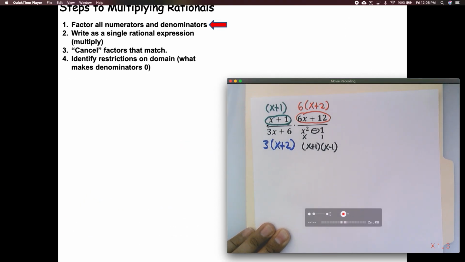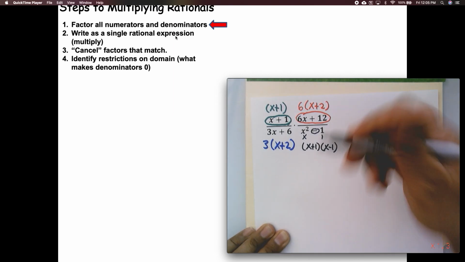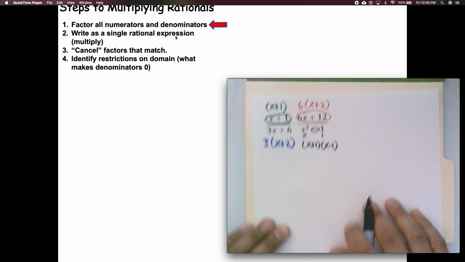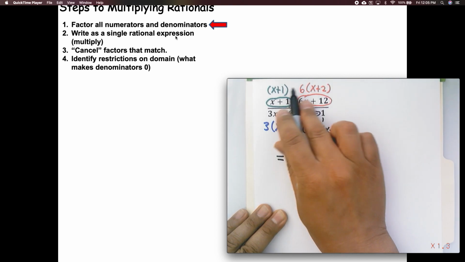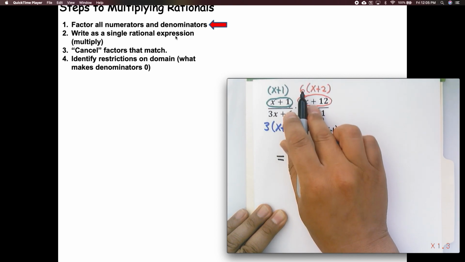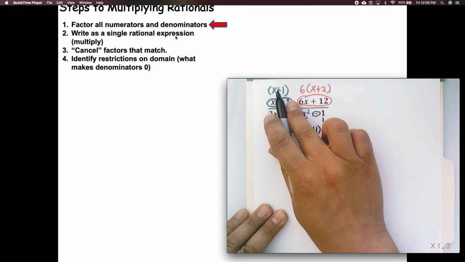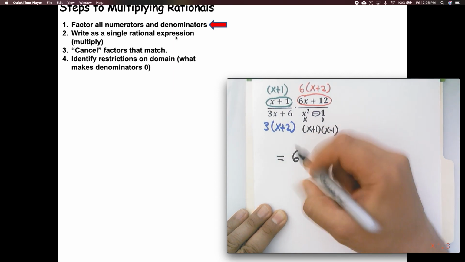Okay, so the next part that we're going to be doing is the write as a single rational expression. So I'm going to move this up some. So this is equal to, now I'm just going to take all my pieces and put them next to each other. Keep in mind this monomial, this 6, I want to pull out front just so that it's easier for me to see it.